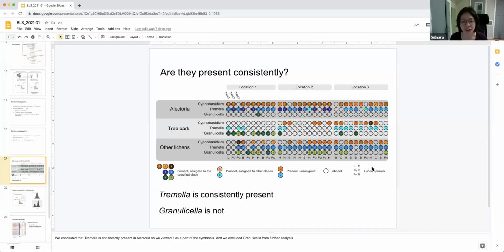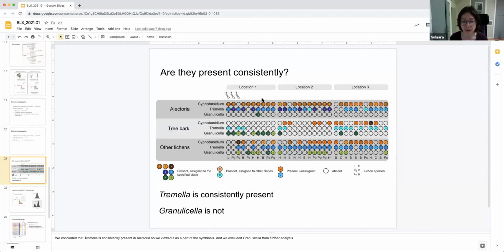We have a paper under revision, and there are all the illustrations and images that I made for it, which I cannot include in the talk, but I really want to share. So here we did some PCR screening just to make sure that Tremella and Cyphobasidium are actually consistently present in Alectorias and not just some hidden miss.